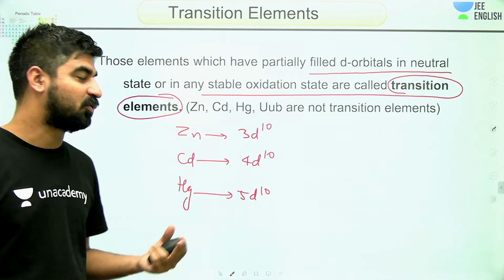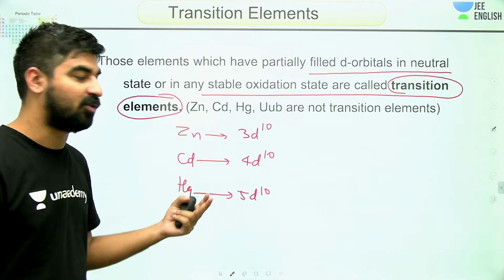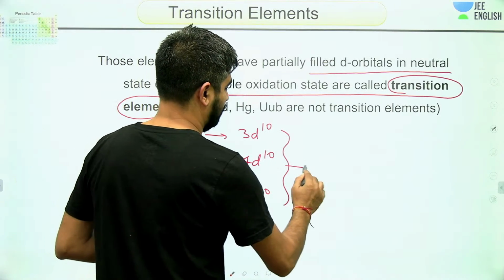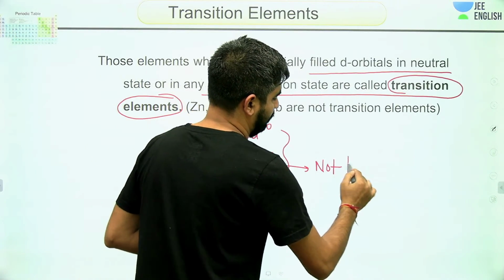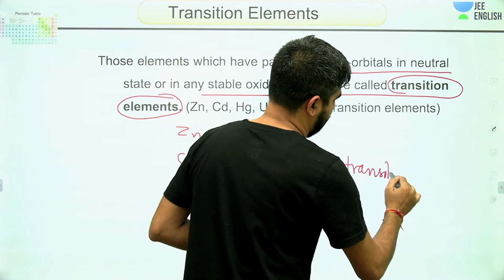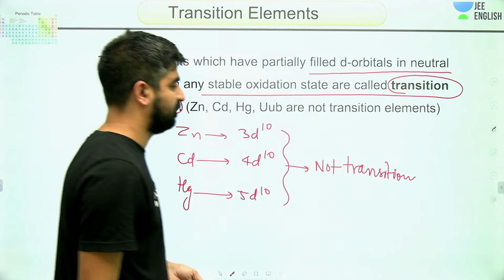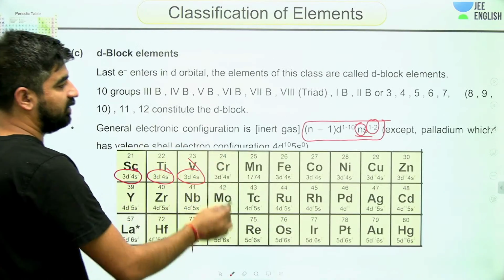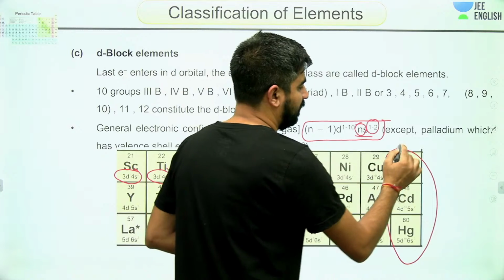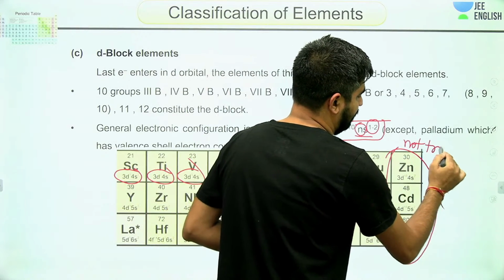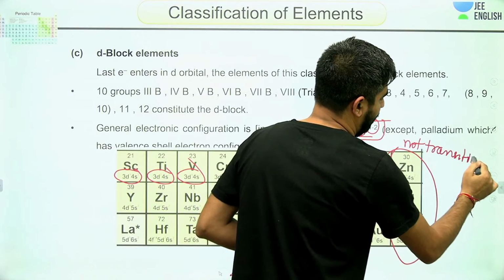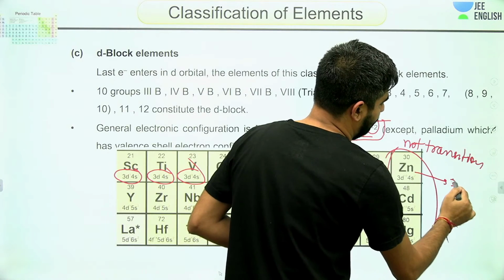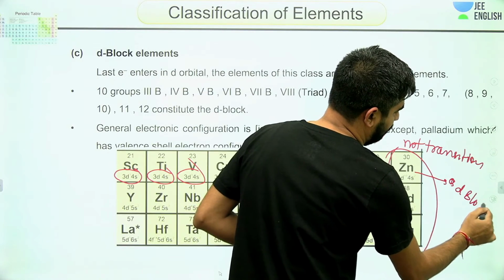So we are not going to call them transition. They are d block, but these are not transition. Got it? So guys, these are all d block, but these three are not transition, although you can call them d block.